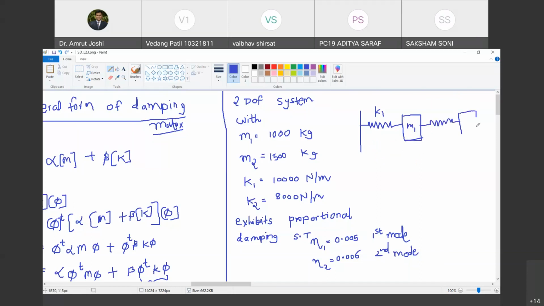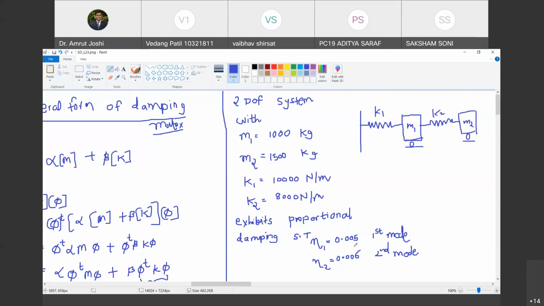This is M2. This is K2. This is the arrangement which is given. And about damping, only this much is said: that it exhibits proportional damping such that eta 1 is 0.005 and eta 2 is 0.006.